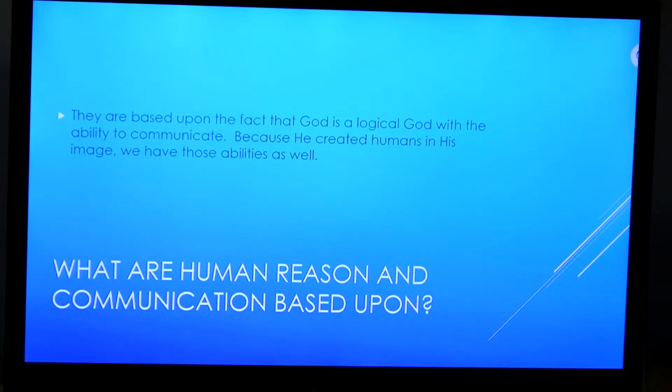So putting that all together, what are human reason and communication based upon? It's going to be based upon that truth. They're based upon the fact that God is a logical God, with the ability to communicate. Because he created humans in his image, we have those abilities as well.